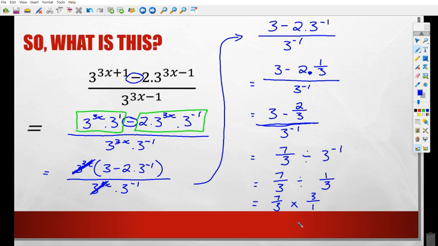I'm multiplying here, so these 3's will cancel, and I'm left with 7. Or you could have said 21 over 3, which is 7. So top times top, bottom times bottom: 7 times 3 is 21, 3 times 1 is 3. It's 21 over 3, which is 7.